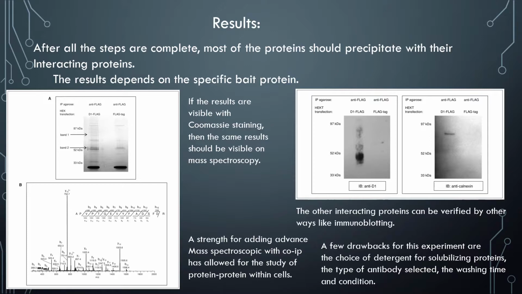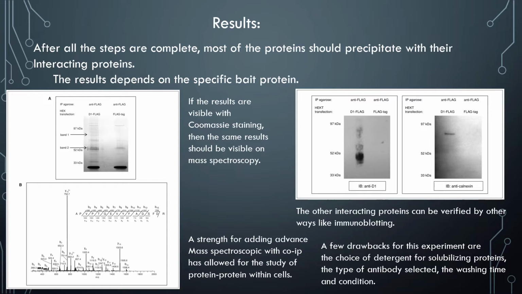So on the results, after you complete all the steps, the results depend on the specific bait protein. Here on the left-hand side, if the results are visible with the colloidal blue staining, then the same results would be available to see with the mass spectrometry.